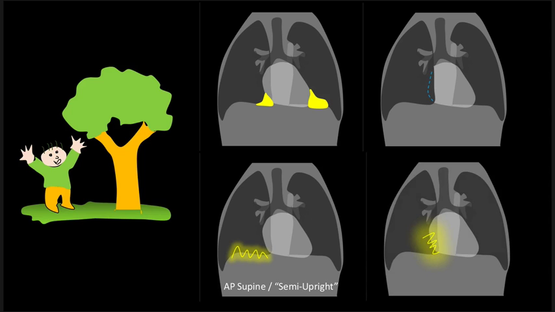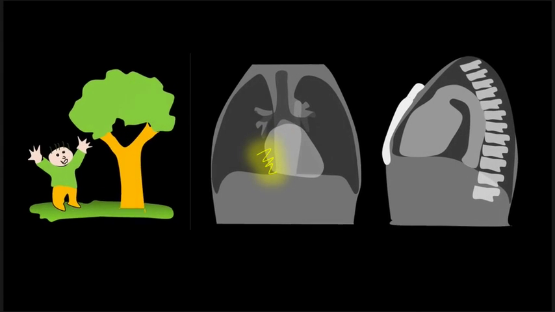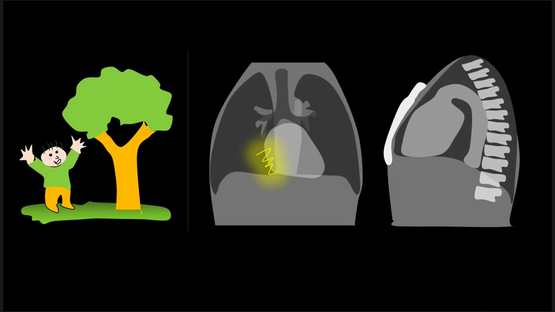And then the last situation here was if we've got blurring of the right heart border, and it seems to be persistent on multiple exams, regardless of whether or not the patient has any kind of pulmonary symptoms, it's a good idea to have a look at the lateral with specific attention to the sternum, because a sternal depression, deformity of the sternum, can create that fake out mimicking a right middle lobe pneumonia.